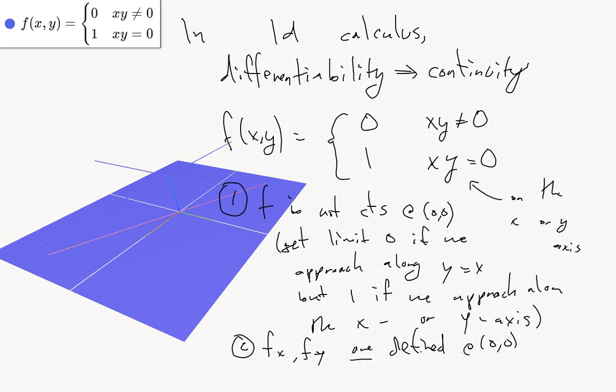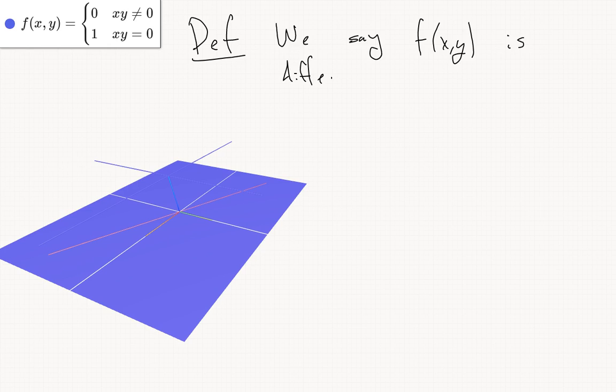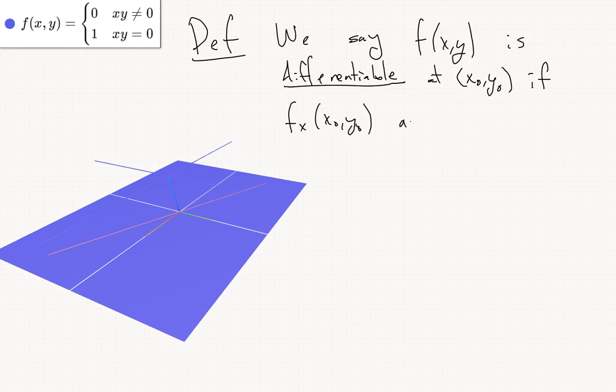Okay, so let's make the following definition. We say f of x, y is differentiable at a point x0, y0 if we require that the partial derivatives exist.